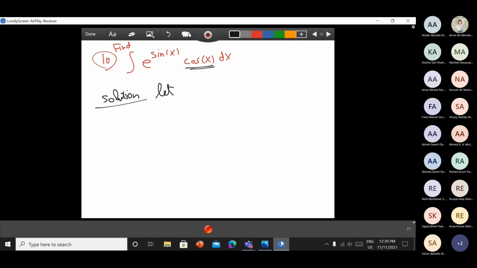So I will have this one as a substitution by something, y, z, whatever you like: cosine x. I'm not changing only x, I need dx, so I have to differentiate this one. So I have dy by dx. What is the derivative of cosine? It is minus sine x.